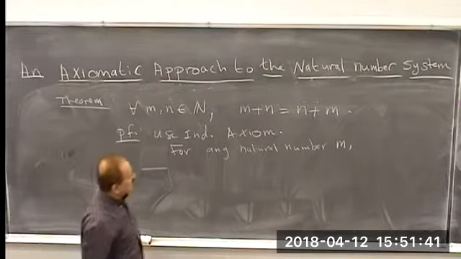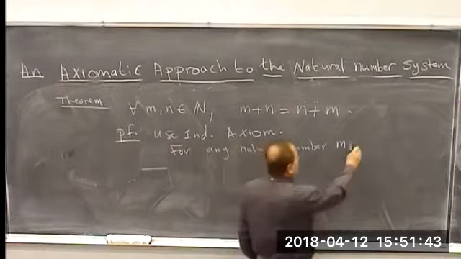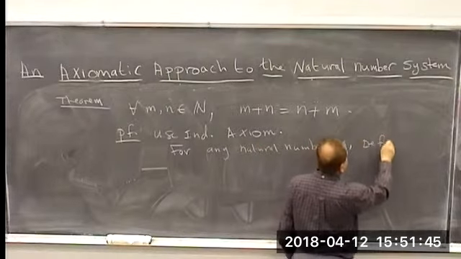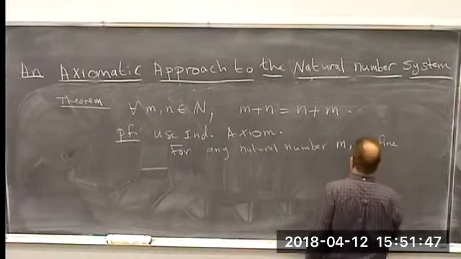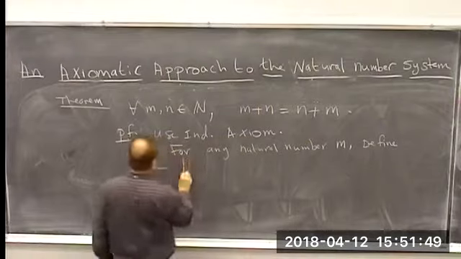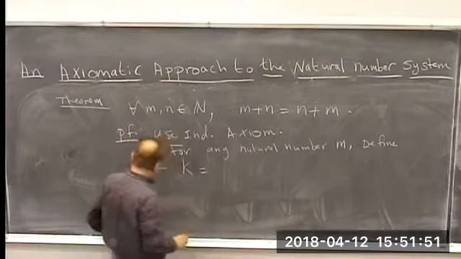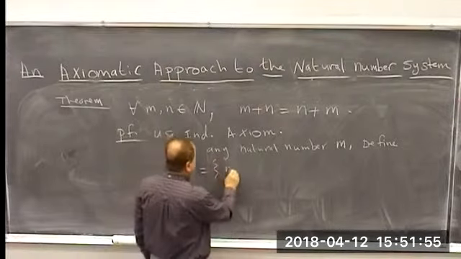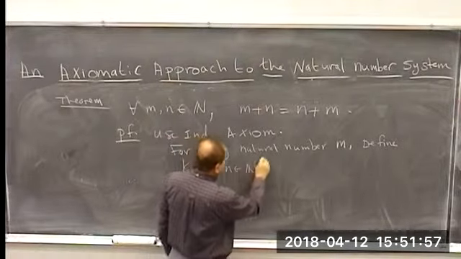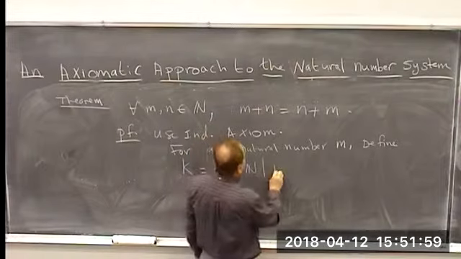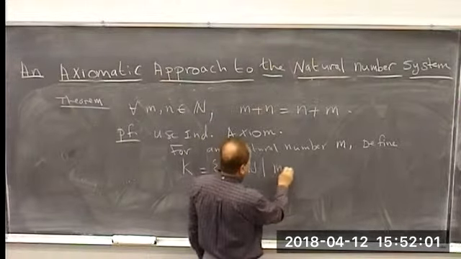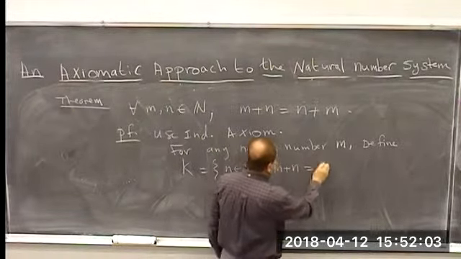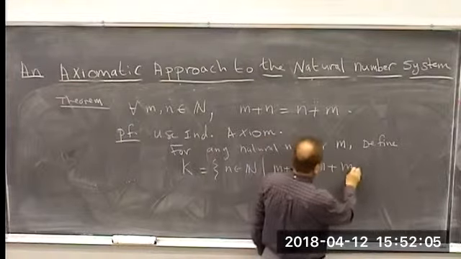Okay, for any natural number, we're going to define K. Now we know this is a set of natural numbers n in N such that m plus n is equal to n plus m.